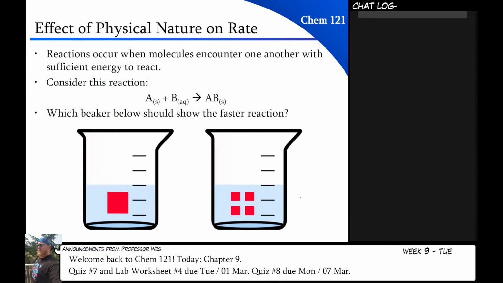Well, A and B can only contact each other on the surface because B is aqueous. This is the solution and A is the solid. So anywhere on the surface works, but anywhere in the middle will not. I can't have my liquid react with something in the core of the solid. It can't reach it. There's no way to get there.